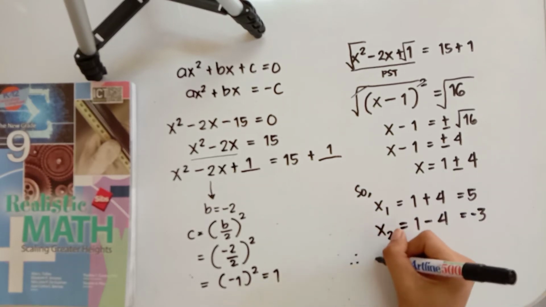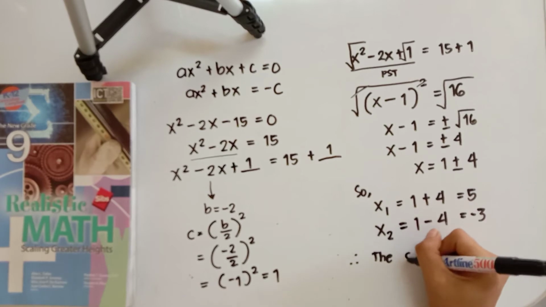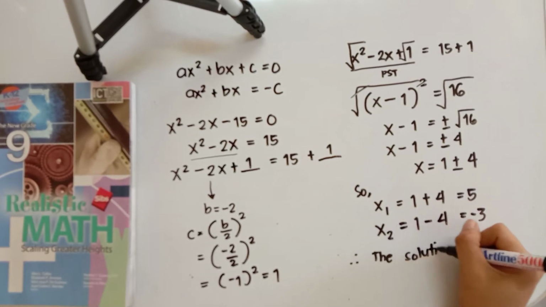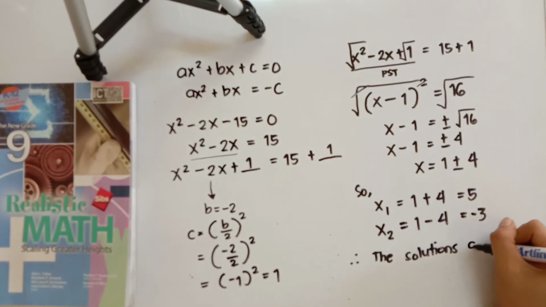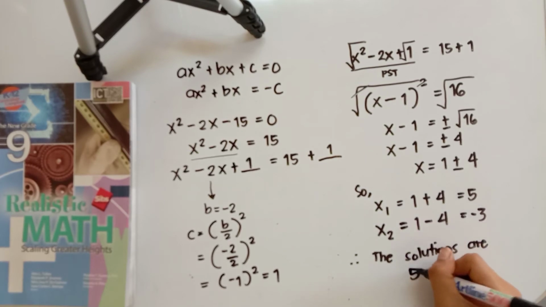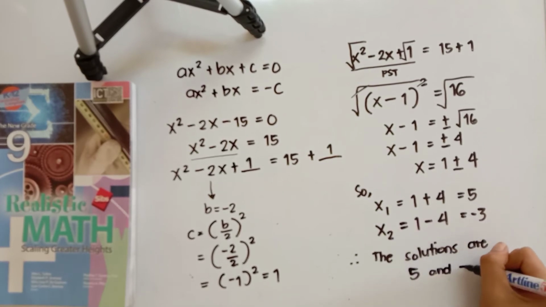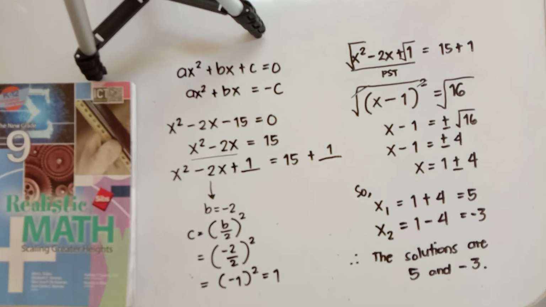Therefore, we can say that the solutions are 5 and negative 3. That is how you complete the square to find the solution of a quadratic equation.